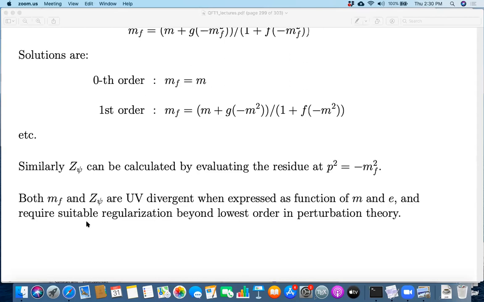Then you have to do a suitable regularization, which first makes these divergent terms finite, and then you carry out the renormalization procedure. So that part of the story is the same here as in the case of scalar fields.